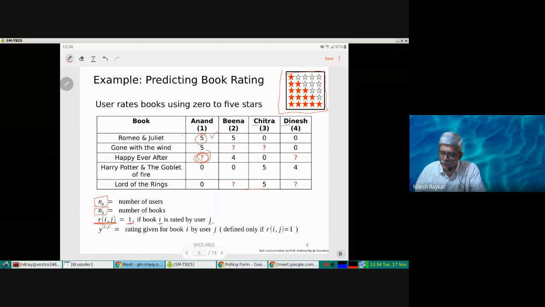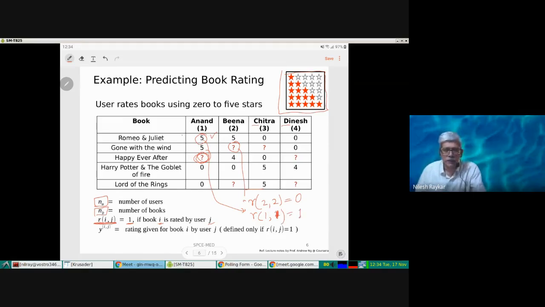But for the second book and second user, you don't have the rating, so R for the second book by the second user is 0. That means the rating is not there. Whereas for the first book by the first user, the R value is 1, which means the rating exists.